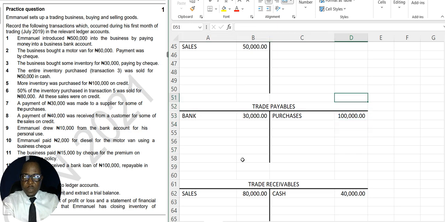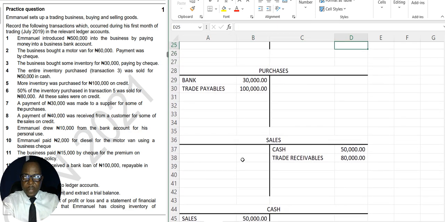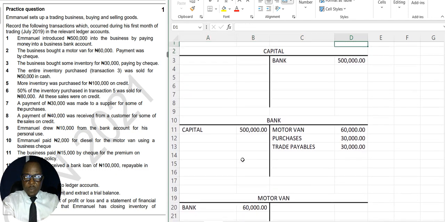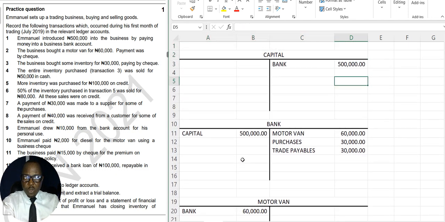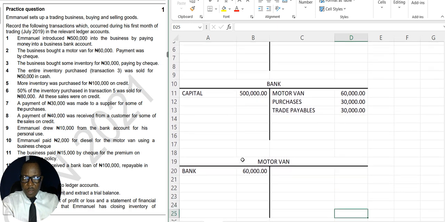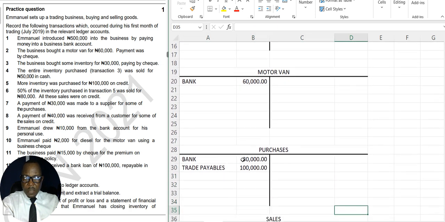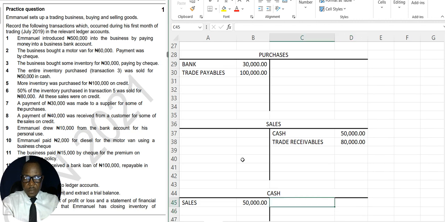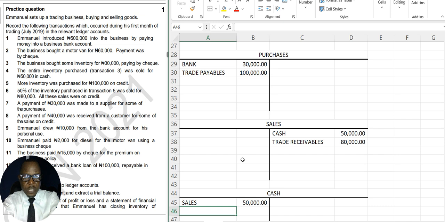So cash will increase. Our asset cash will increase because the transaction will be a reduction in assets and an increase in assets. Those are the two transactions that are involved here.